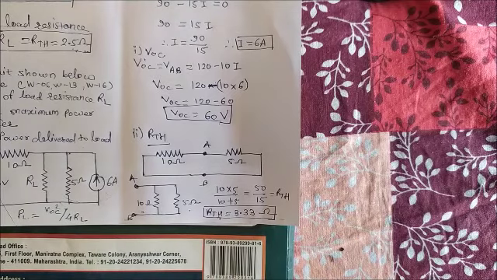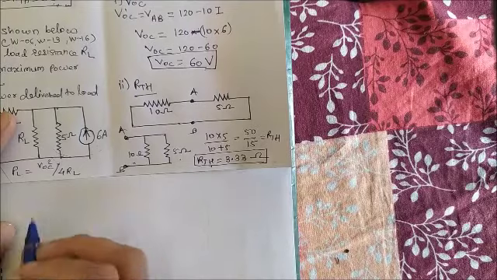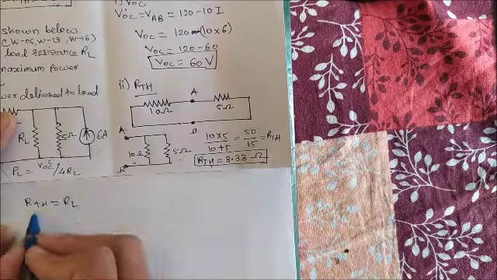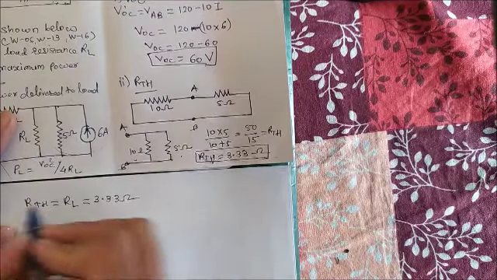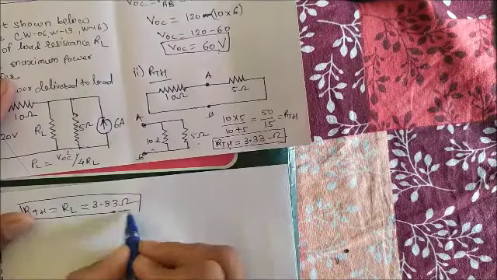So RTH is equal to RL is equal to 3.33 ohm. That means our first part of calculating the load resistance value RL is 3.33 ohm.